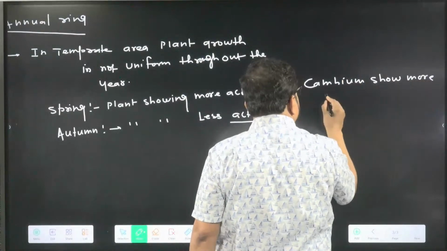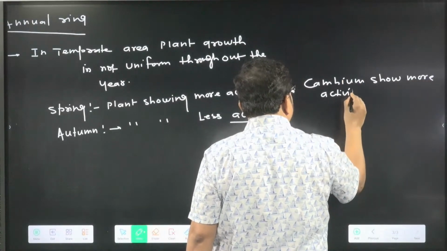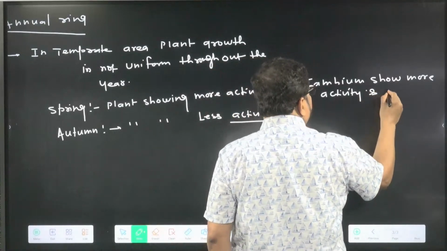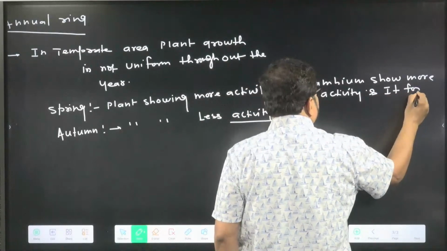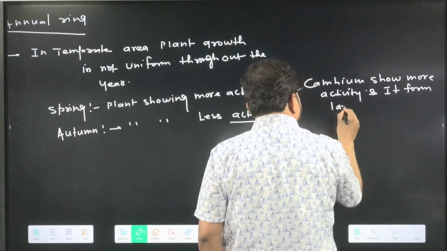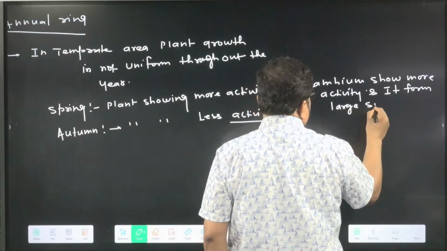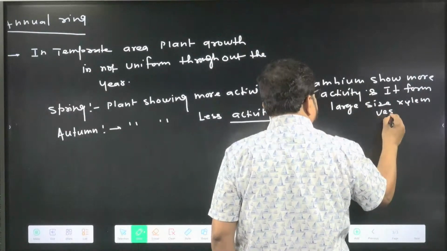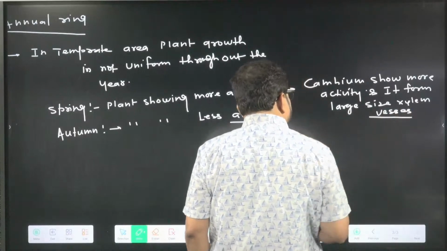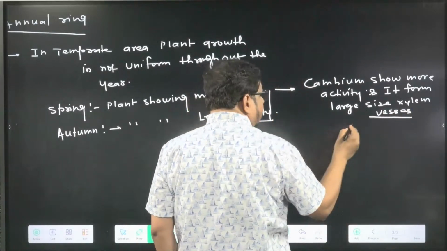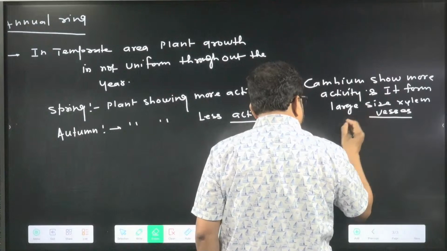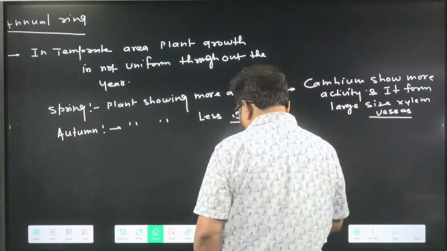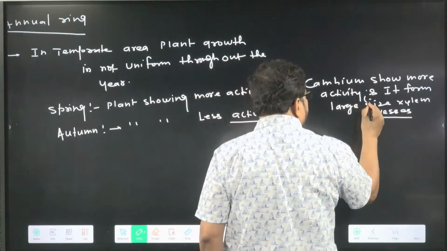More activity. Getting the things or not? And it forms large size xylem vessels. Large size in the sense of diameter. Here large diameter. Getting the things or not? Forms large size xylem vessels. So I am writing size here in the sense of which one? Diameter.